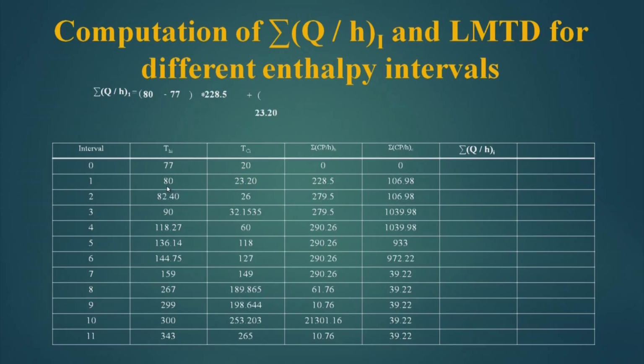So, this is the temperature difference, 228.5 plus 23.20 minus 20, which is taken from here, into this value, which is the summation of CP by H. So, it comes out to be 1028. This includes the heat available with the hot streams in that temperature interval and the cold streams as well. Similarly, we compute for all other enthalpy intervals.